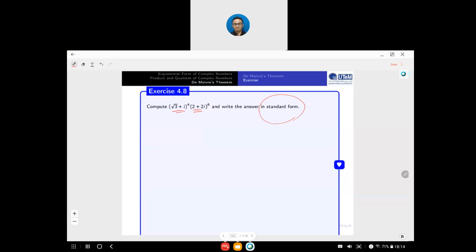Okay. Now solve this one. First of all, I solve the first one. R1. Find the value of R, so you can get R equal to 2. We can see that both values are placed in the first quadrant, because all are positive.